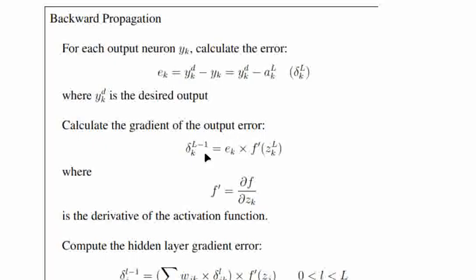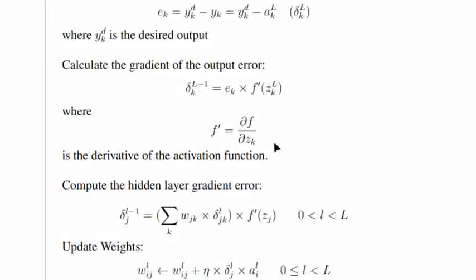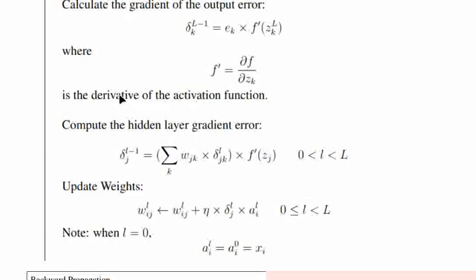So delta K L minus 1 is equal to this EK times the derivative of the activation function at CKL, the logit value. So this F dash is partial L partial CK, the derivative of the activation function.